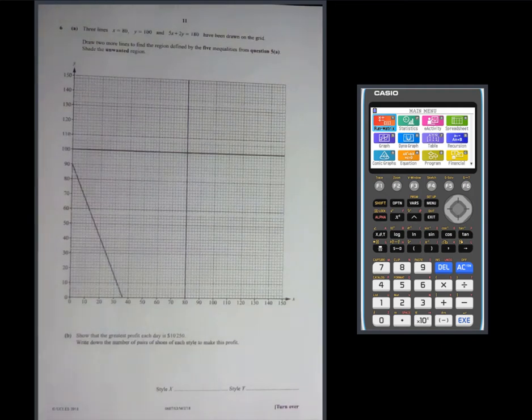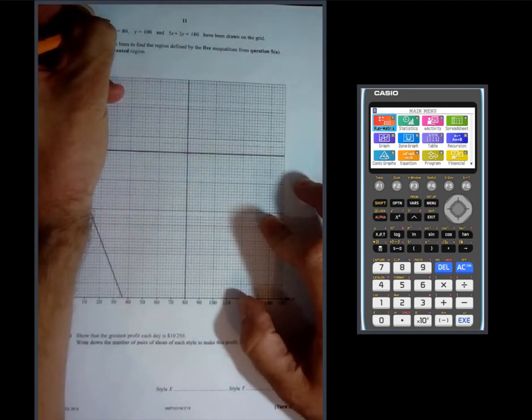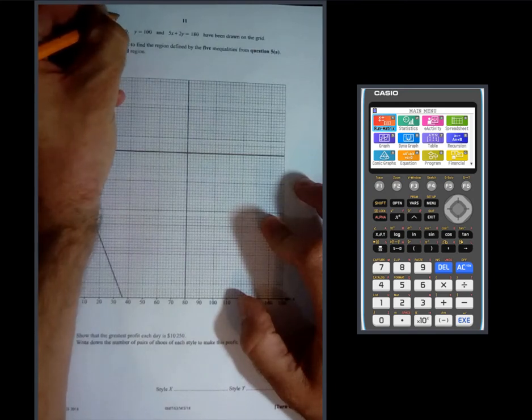So we need to think about all the inequalities that we had. If you think back to what we were doing before, we had these x pairs of shoes, and we knew that the maximum number of style x was 80. So this x equals 80 corresponds to the inequality x is less than or equal to 80.